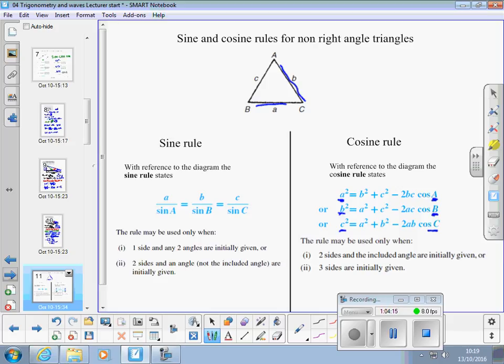So in combination, these two rules will allow you to solve any triangle, be it right angle or non-right angle. Having said that, to me there seems little point in using these complex rules to find unknowns in right angle triangles. You might as well use the easier trigonometry.